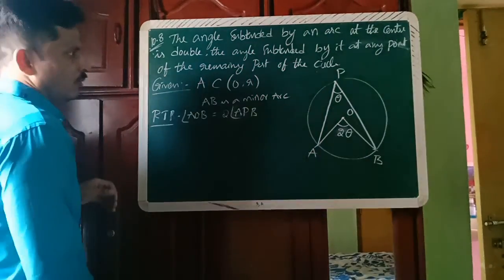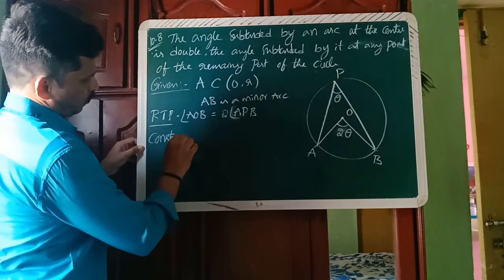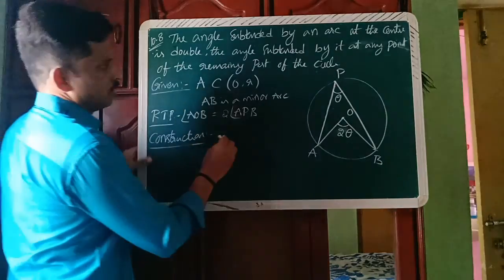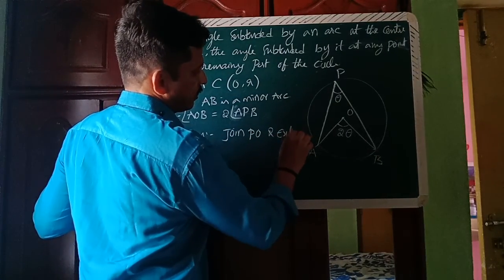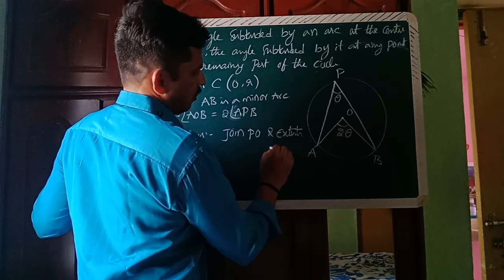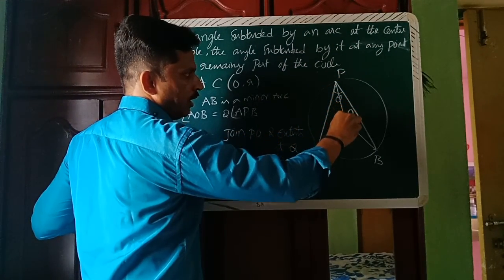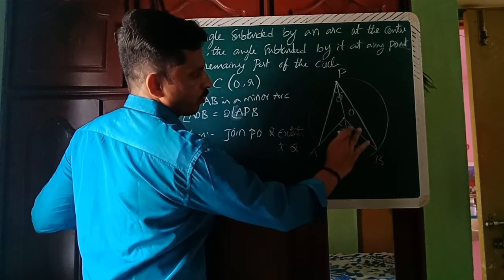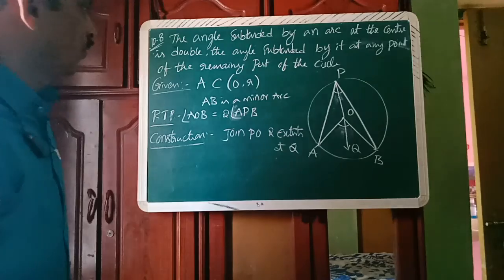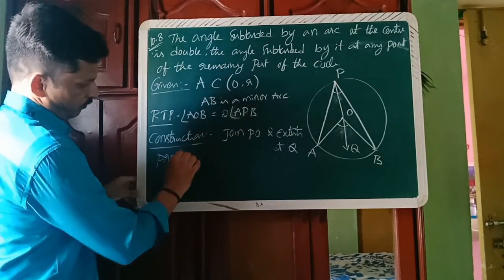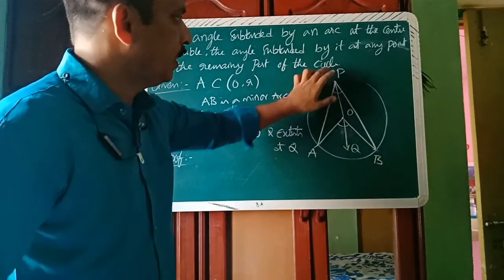So see the proof. Construction: join PO and extend it to Q. Proof: if you observe here, we got two triangles, triangle OAP and triangle OPB.